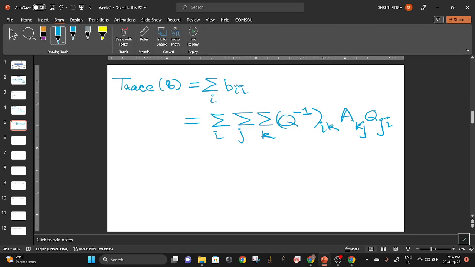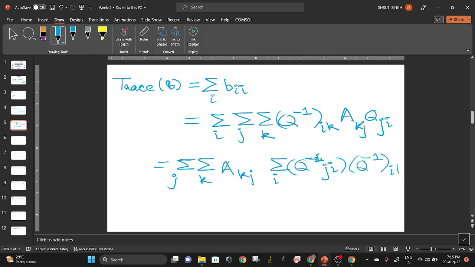Okay, now we can separate A out, so Q inverse Q will give us identity, summation over j and k. So Q_ij will be Q and Q inverse will be Q inverse_ik.